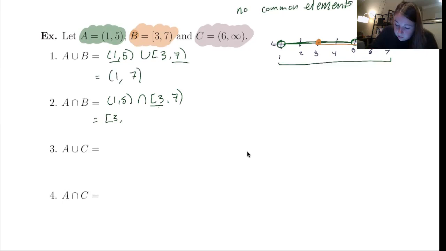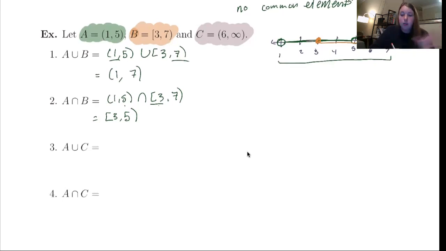B includes 5, but A does not include 5. That's what that open bracket means. So we're going to go with every number up to 5, but not including 5, because A does not contain 5 and the intersection has to be in both of the sets. Okay. So that's why we get 3 to 5, including 3.